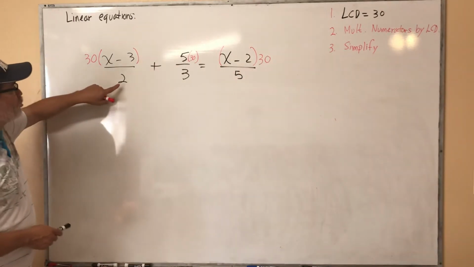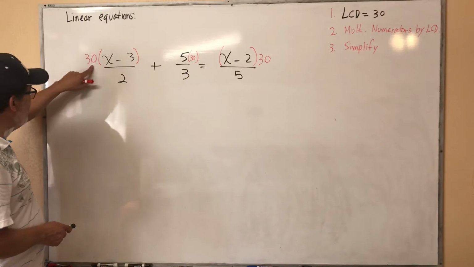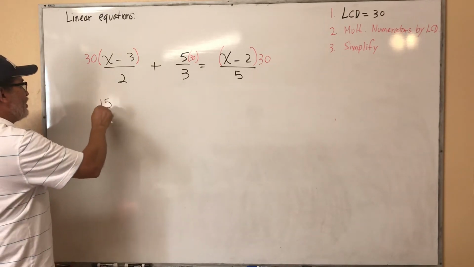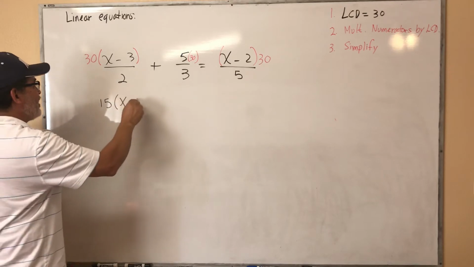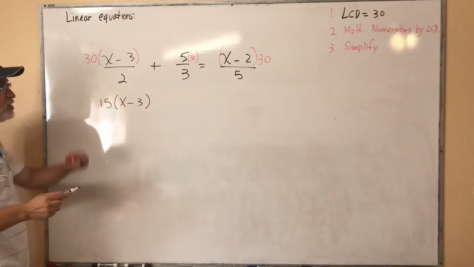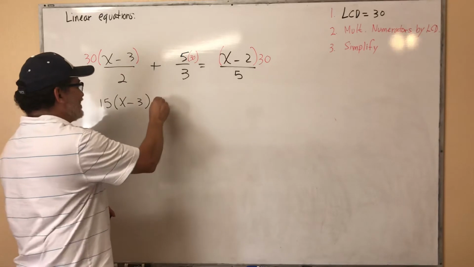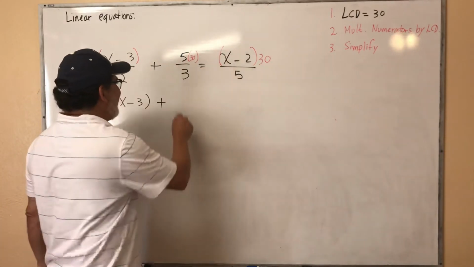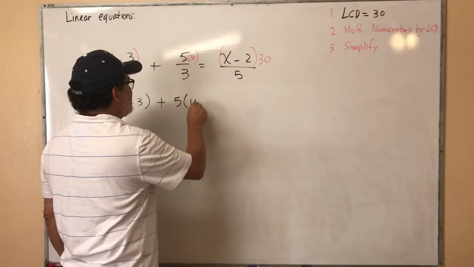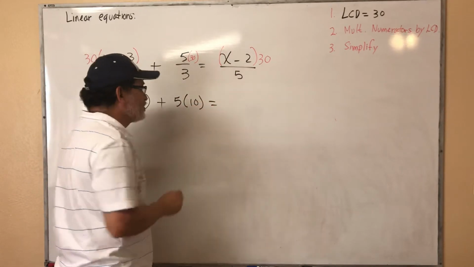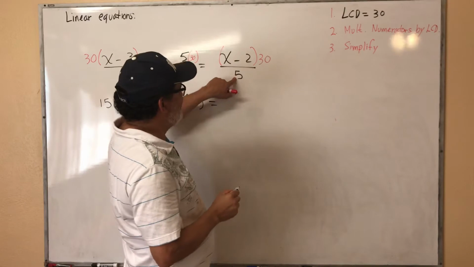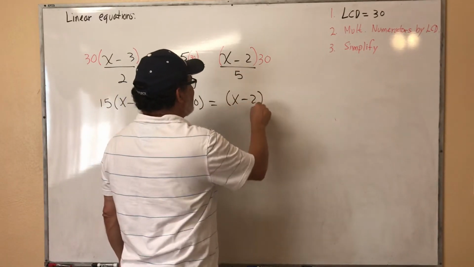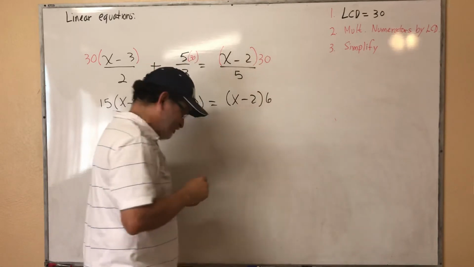So 2 into 30, 15 times x minus 3. Ignore this. Plus 3 into 30, 5 times 10 equals 5 into 30, x minus 2 times 6.